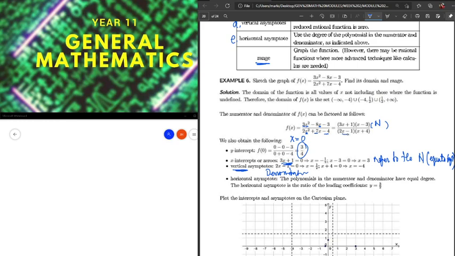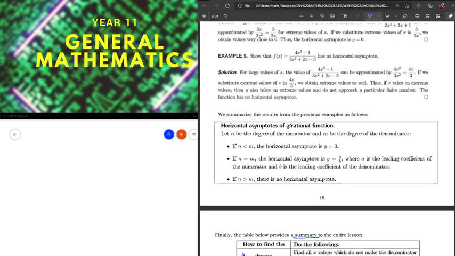We have 2x minus 1 equals 0, so x equals 1/2, and x plus 4 equals 0, then x equals negative 4. As you can see, we have two different vertical asymptotes.